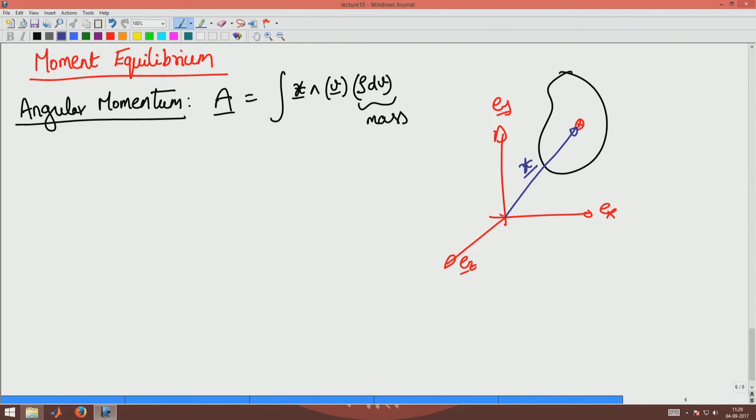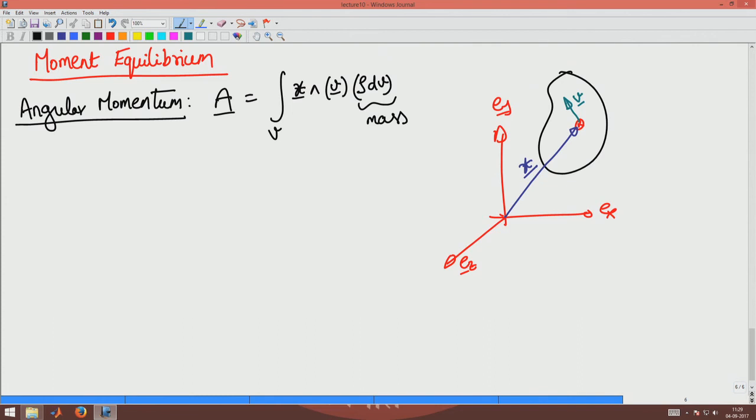That is x, and this point has a velocity v. This is the definition of the angular momentum of a body, integrated over the volume of the body.